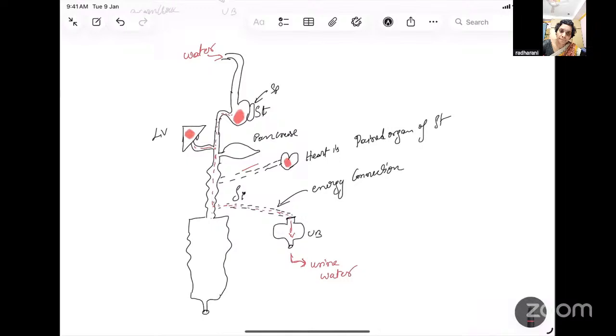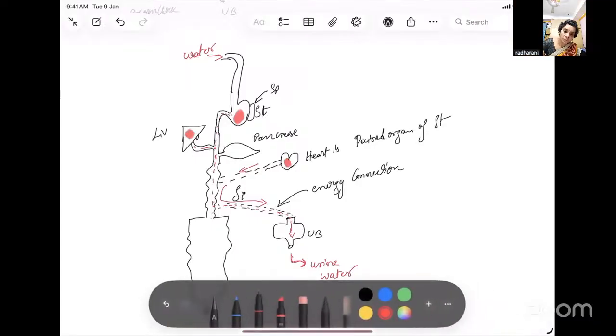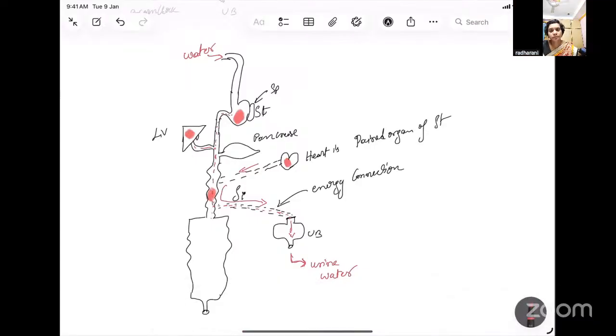Yes, because SI has this link. So through SI it can come. If there is excess heat in SI, can it go to UB? Yes, it can go to UB.